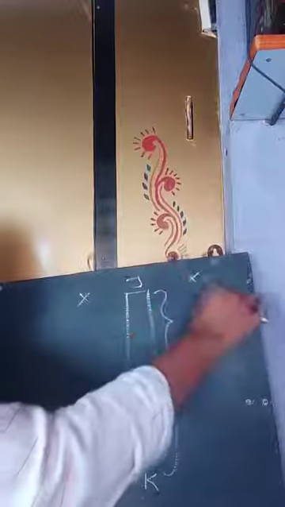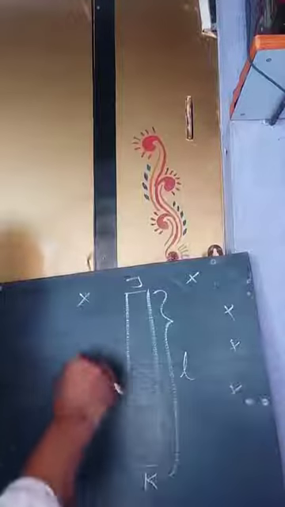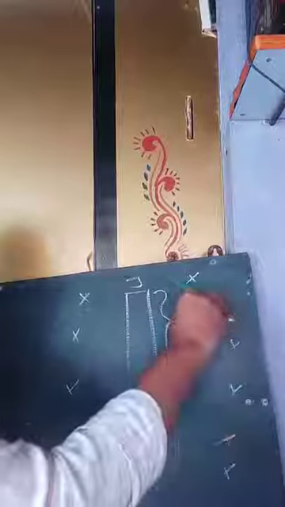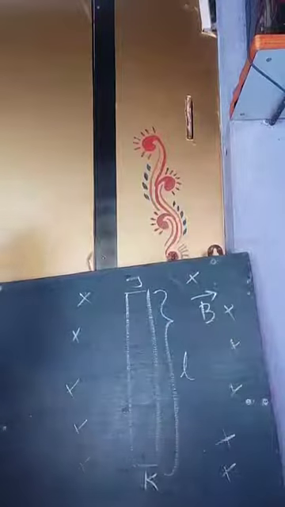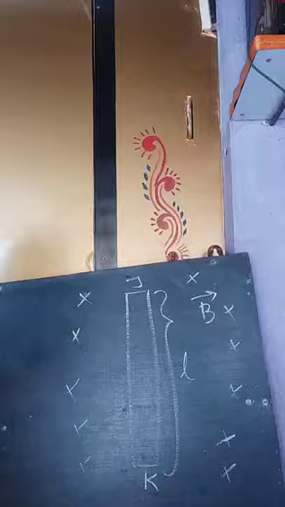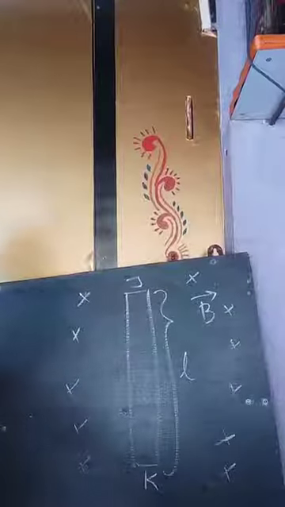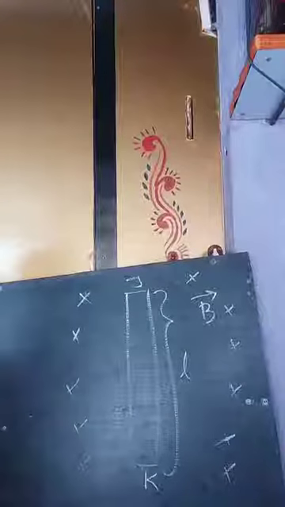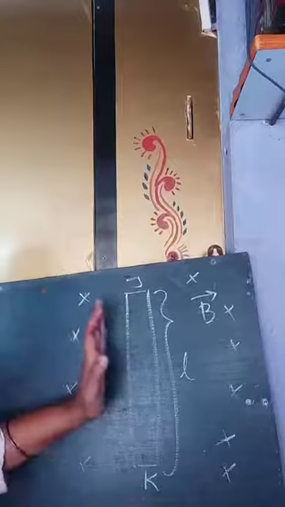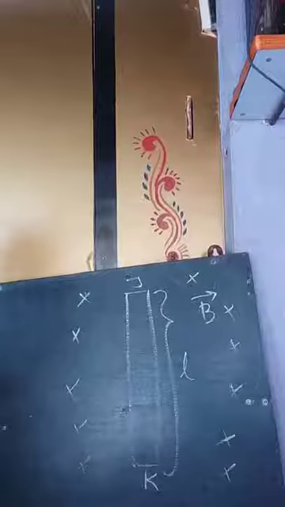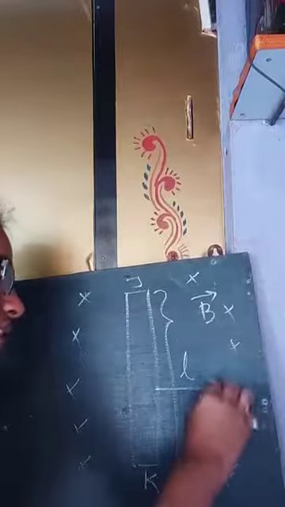Make it cross. These cross signs state that it is the magnetic field B. Clear? Suppose the rod is moved in the plane of the paper, perpendicular to its own axis, with a constant velocity v towards the right.